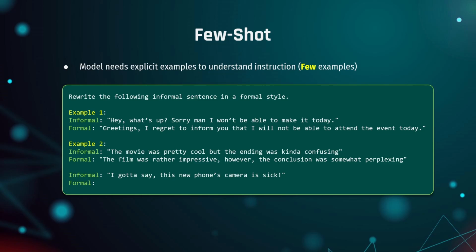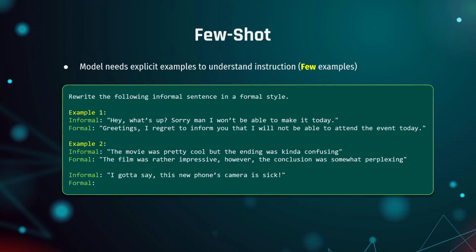In this case, our model does not have the zero shot ability, but this time it has few shot ability, which basically means when we prompt as an end user, we have to provide explicit examples on how our model should perform, okay?